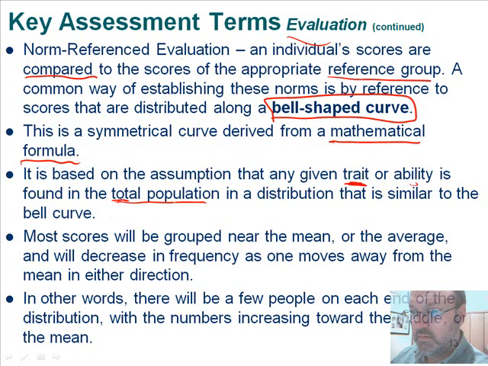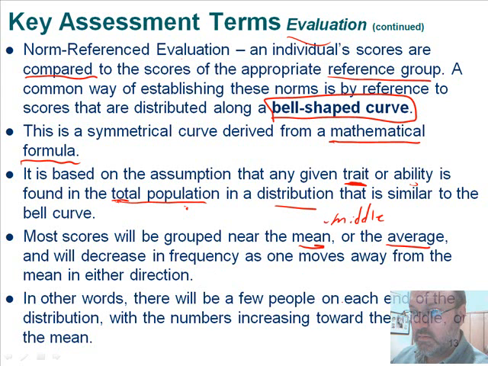And so you can compare it against that total population in a distribution. Most scores will be grouped near the mean, which is the middle, or the average, and will decrease in frequency as one moves away from the mean in either direction. There will be fewer scores away from the average.